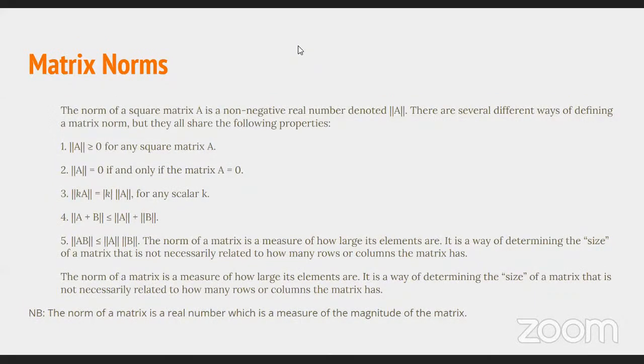Yes, please. Okay, so the third rule says when you multiply the matrix by a scalar, the norm of the matrix with a scalar must be the same as the norm of the matrix and a, what's the statement again?